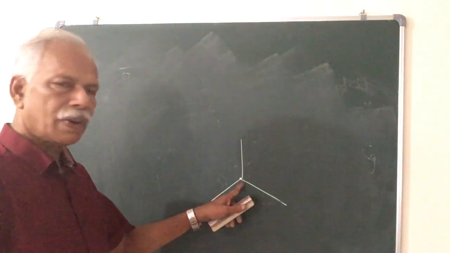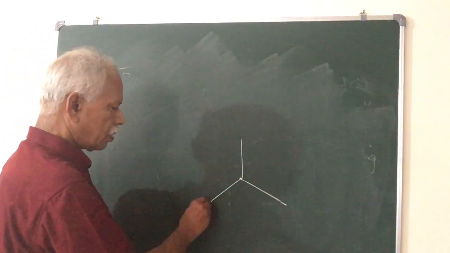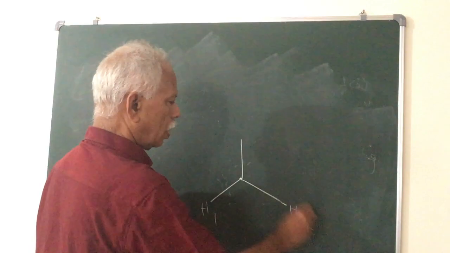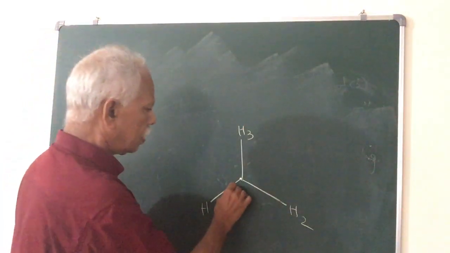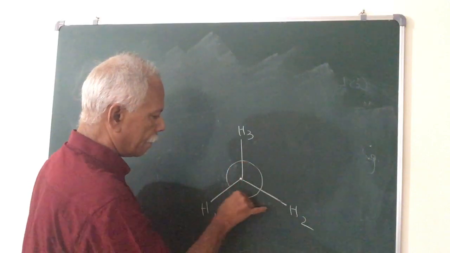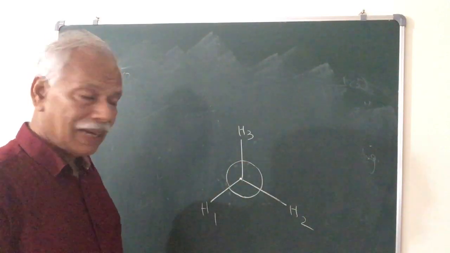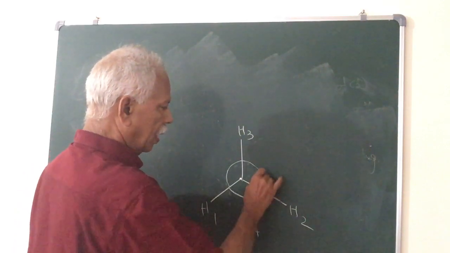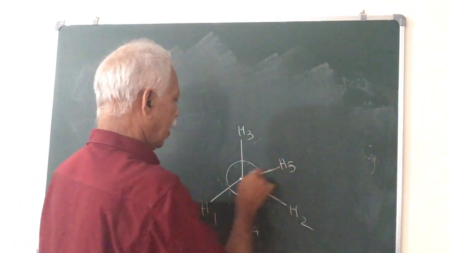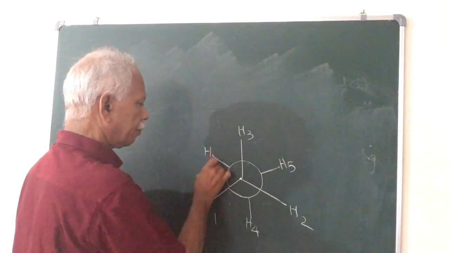This is the front carbon with the three hydrogens H1, H2 and H3. The rear carbon, back carbon, is denoted by a circle. And because it is staggered, the hydrogen atoms there are H4, H5 and H6.